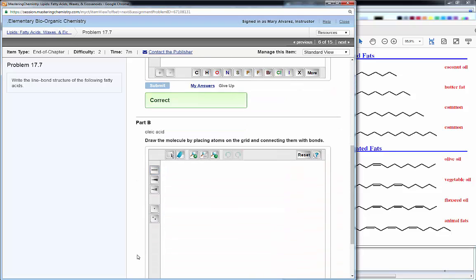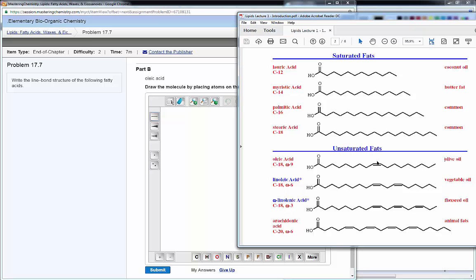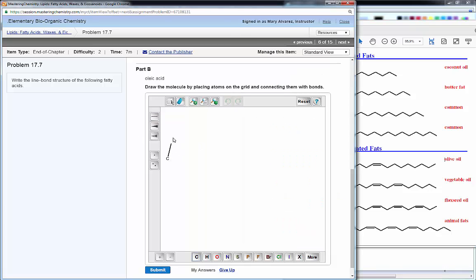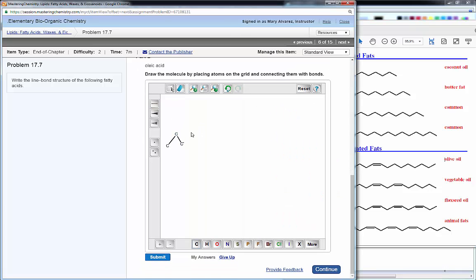Hooray. Oleic acid is our carbon-18, omega-9 monounsaturated fatty acid. So here we go. 1, 2, 3, 4, 5, 6, 7, 8, 9, 10, 11, 12, 13, 14, 15, 16, 17, 18.